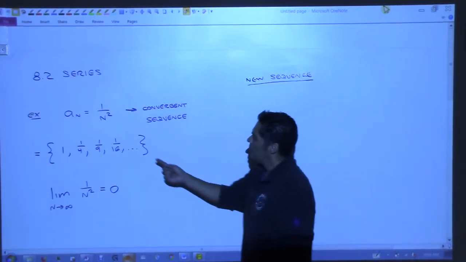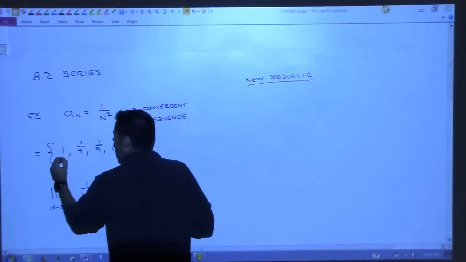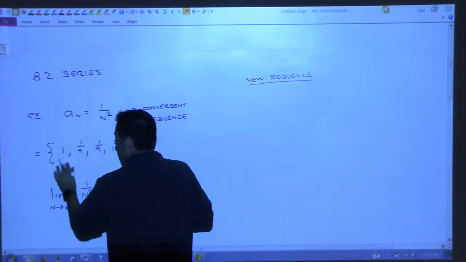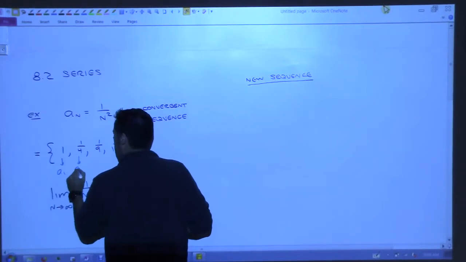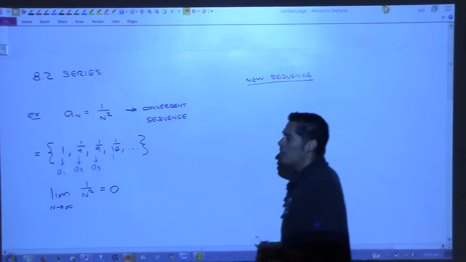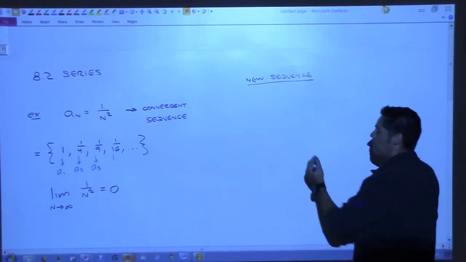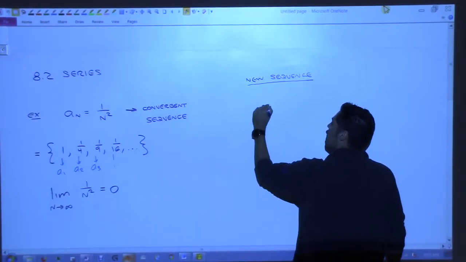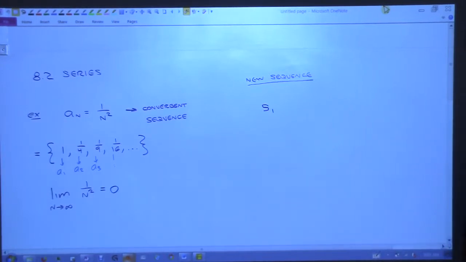You know how with this sequence here, this one would be a sub 1, this one would be a sub 2, this one's a sub 3, and so on and so forth. My new sequence that I'm about to define, I can't call it A because I'm already using A, so I'm going to call it S. S1, okay? Let me tell you what the first number in this sequence is.